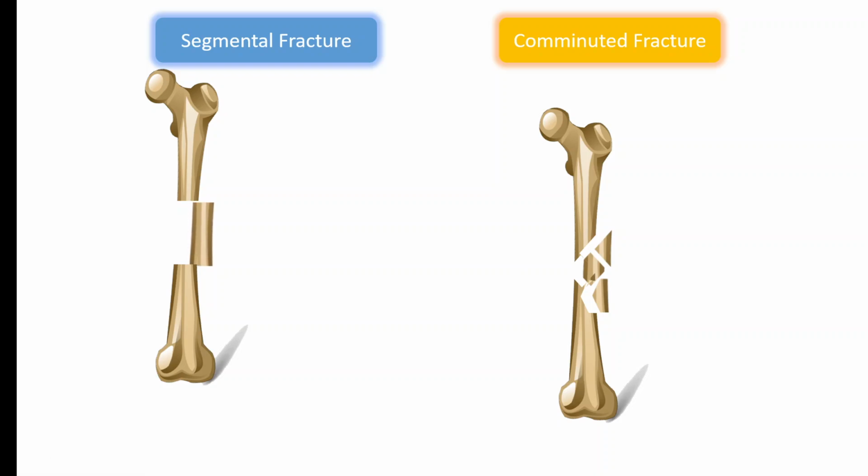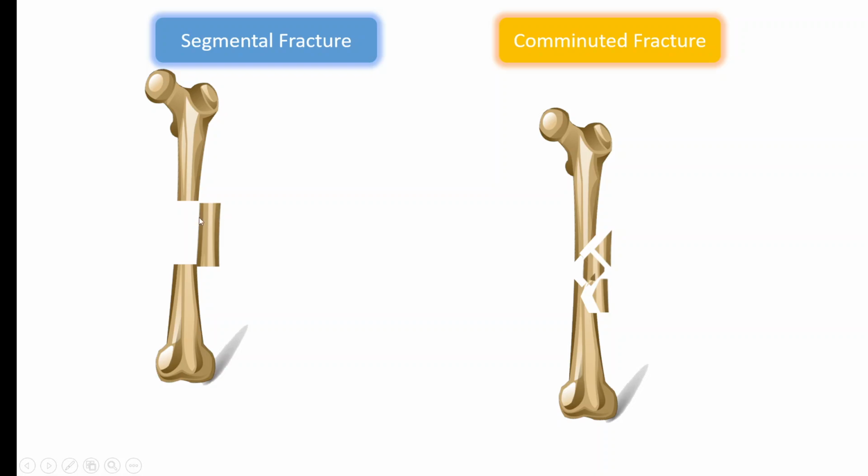And another is the segmental fracture. So segmental fracture also has more than two fragments, and we have this proximal fragment, this distal fragment, and in the middle we have the middle fragment. So by definition it also has more than two fragments. So what is the difference between the comminuted fracture and segmental fracture?